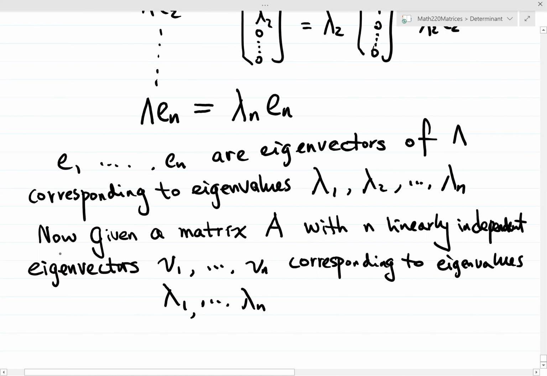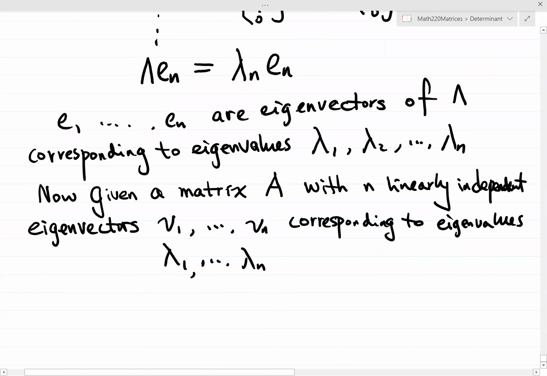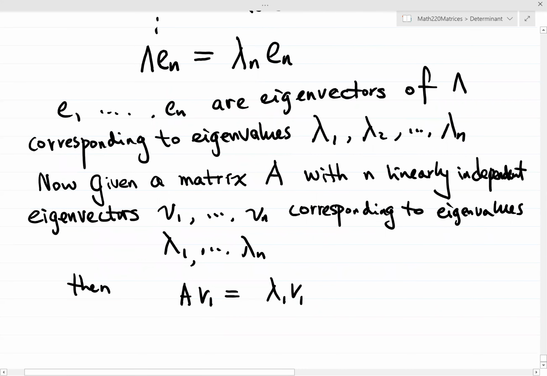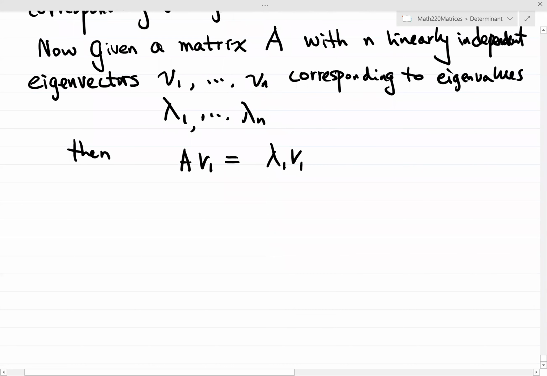Then, by definition, A v1 is lambda 1 v1, A v2 is lambda 2 v2, and so on, up to A vn equals lambda n vn.